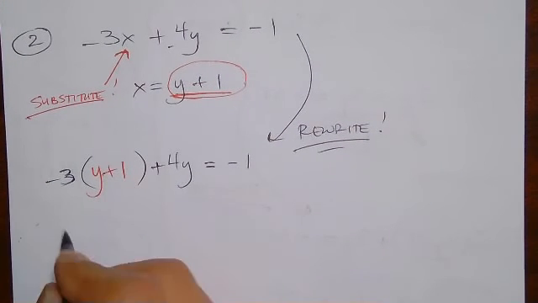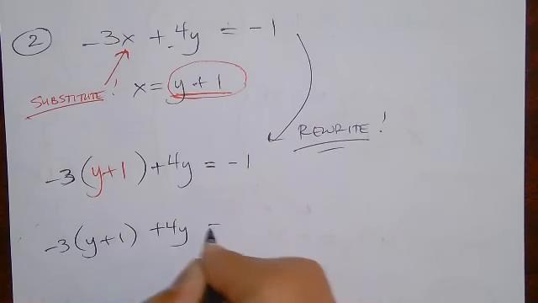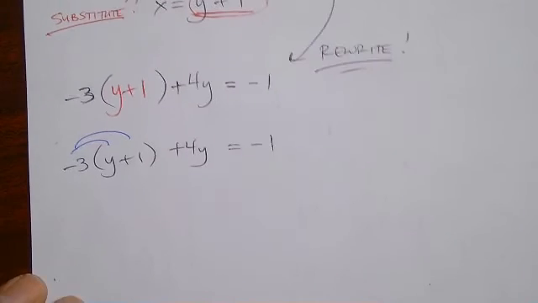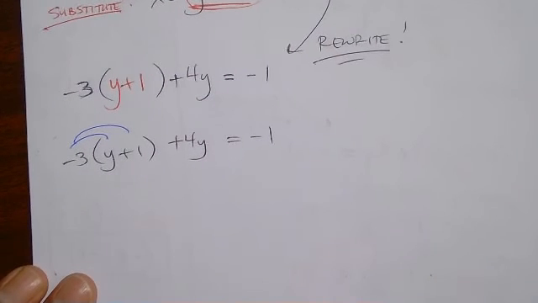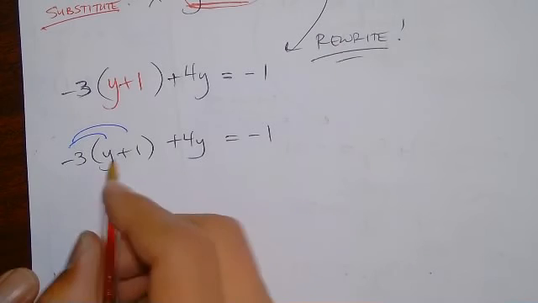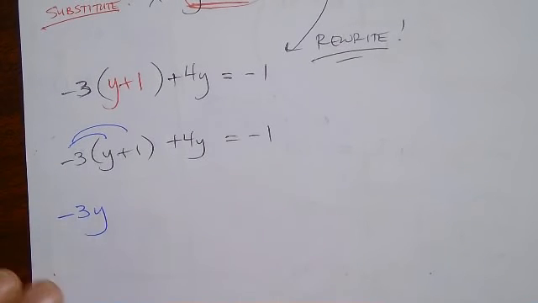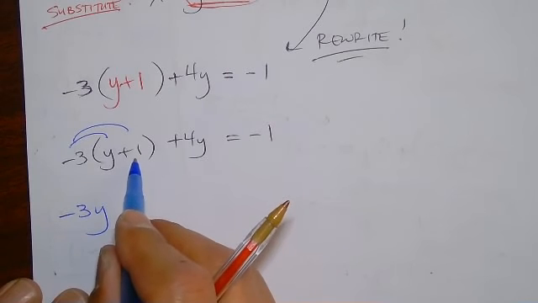Here's where some people are going to mess up. Do you guys agree we have to distribute next? What happens when I distribute like that? Tell me what's going to happen. Well, you're going to have, everybody agree you're going to have -3 times y is -3y?